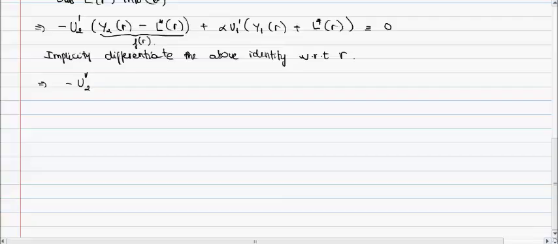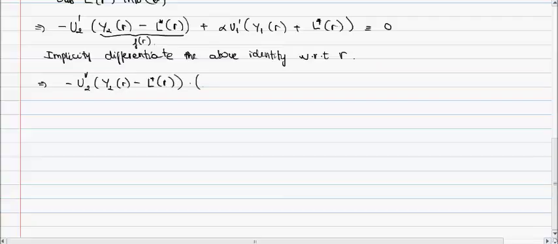So we are going to get negative. If I differentiate the big u2 dash over here, I get u2 double dash, and everything inside the bracket stays the same, which is y2 as a function of r minus L as a function of r.